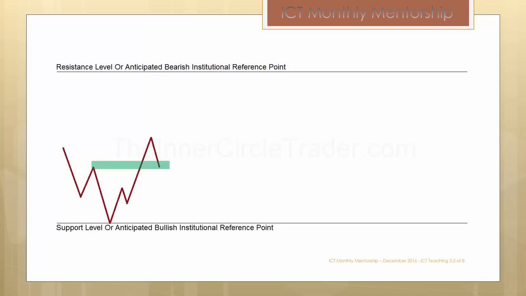In other words, those individuals that were short at that high are going to want to take those positions off and maybe get in sync with a new leg higher in price. As price moves away, that confirms the breaker. And then we wait for higher objectives to be met in price action.